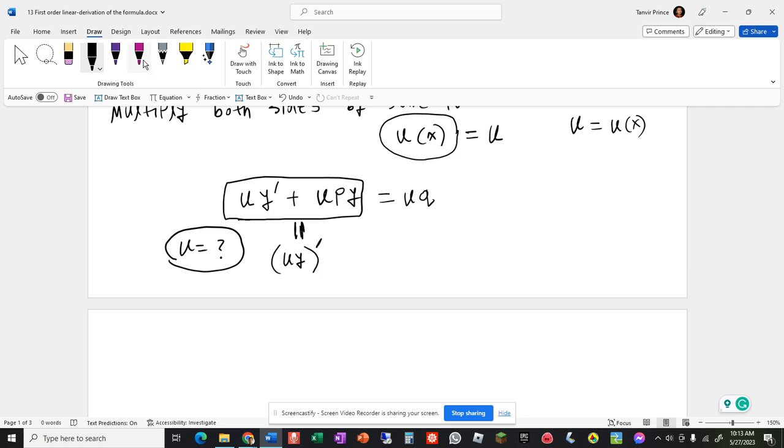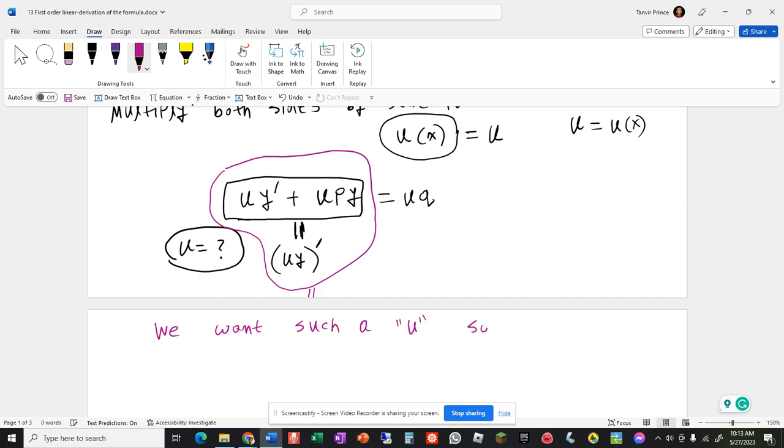So we're going to concentrate on this part here. We want such a u so that this left hand side, let me copy that, is equal to (uy)', the whole thing's derivative.